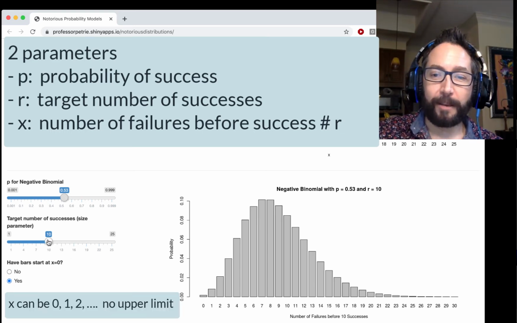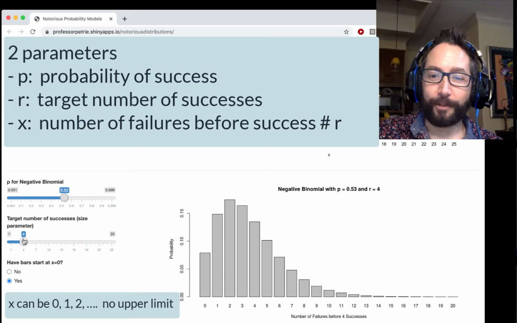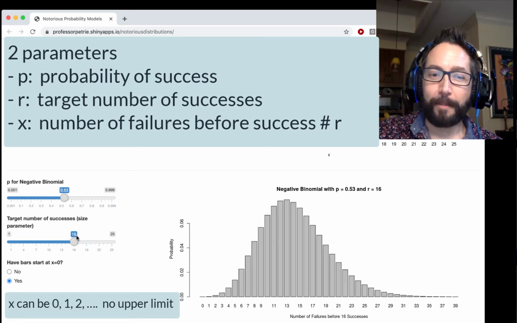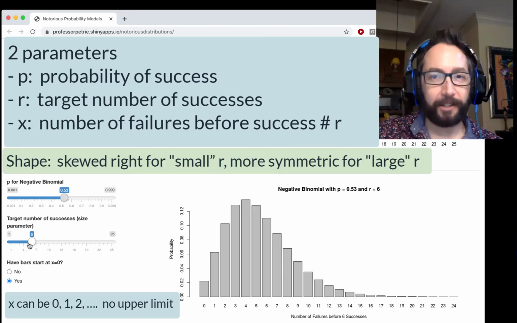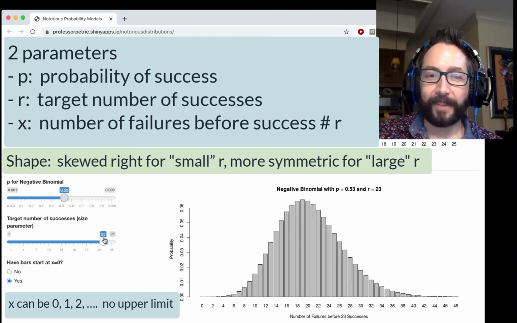So what can we say about the shape of the negative binomial distribution? Well, if I'm fixing the probability at 53% here, what I find is that it can go anywhere from being fairly skewed off towards the right-handed tail, kind of a slow decay toward larger and larger values, to being roughly symmetric if this value of r is relatively large.